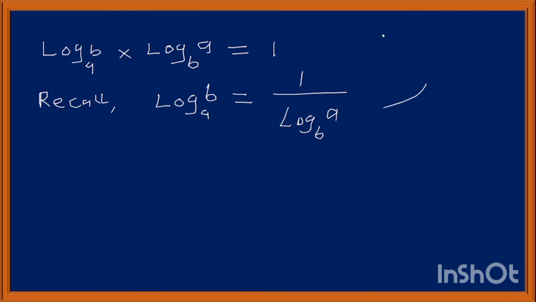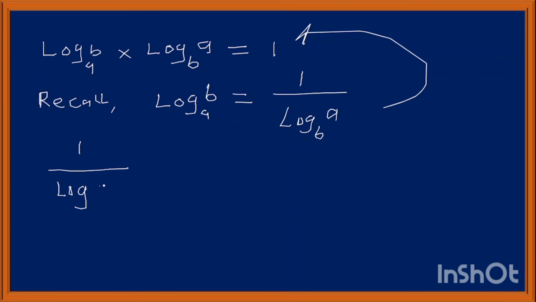So if I substitute this and take it into this equation, in place of log b base a, we're going to have 1 divided by log a base b. We can actually show this too, but this can also give you your marks straight up. So anybody that sees this will know you're very conversant with your laws of logarithm.